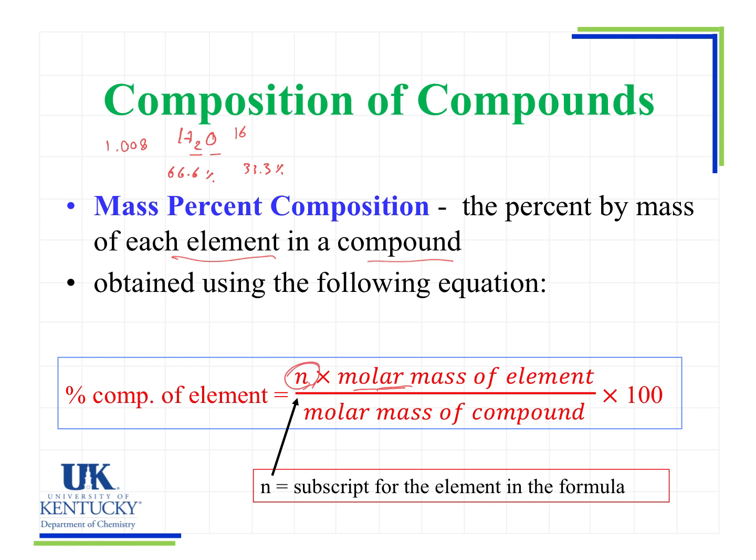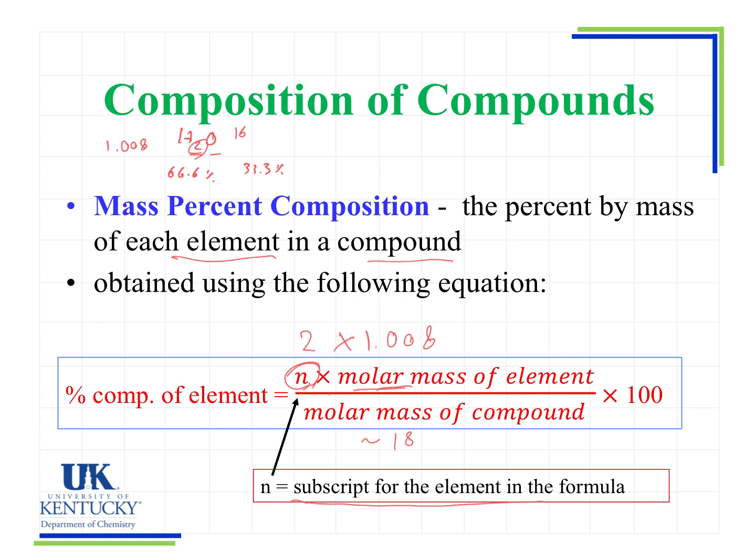This N is the subscript of the element in the formula. If we are doing this for hydrogen in H2O, we have two hydrogens, so that would be 2 times the molar mass of hydrogen, 1.008, over the molar mass of the compound, which is H2O, which is almost 18, okay?